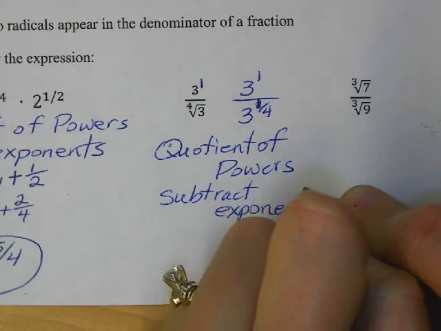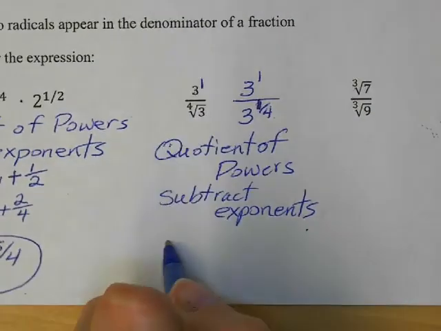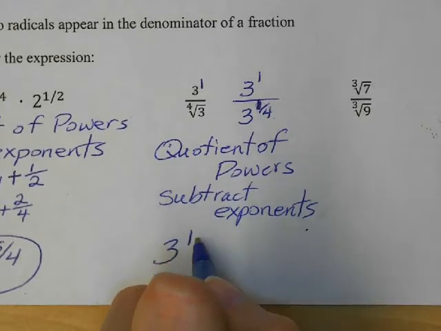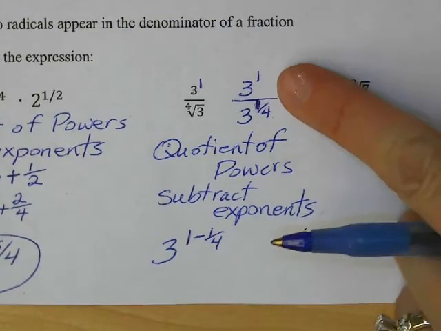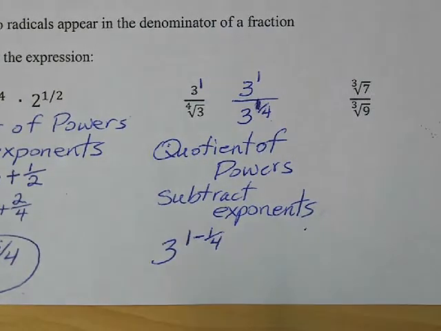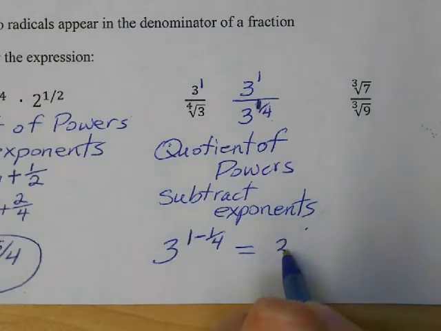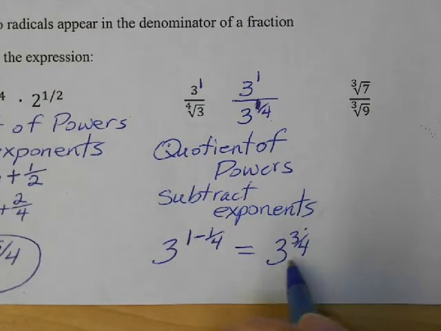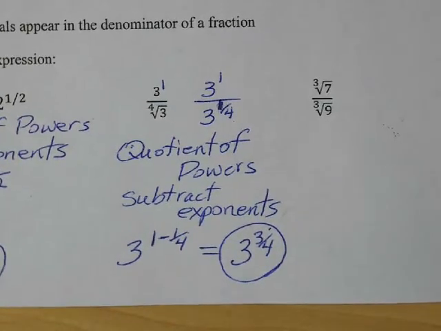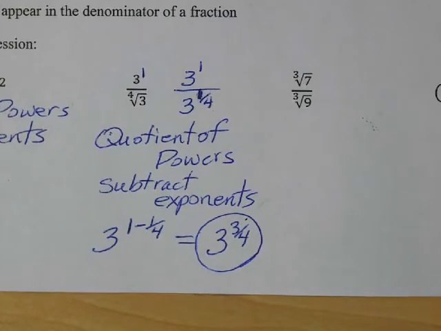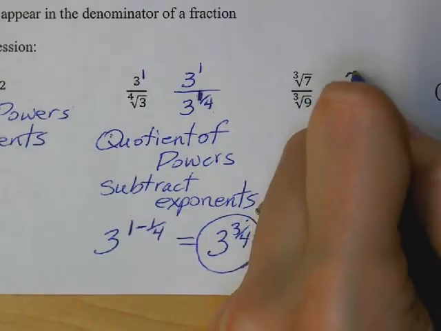So it helps if you can look above on the sheet and figure out which kind it is. So you're going to take 1 minus 1/4. See, because it's 3 to the 1st power, and then you're going to subtract the 1/4. What's 1 minus 1/4? Yep, so it's 3 to the 3/4 power. Okay, next one.